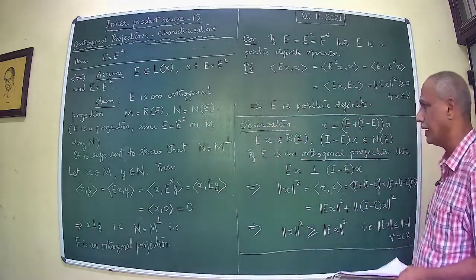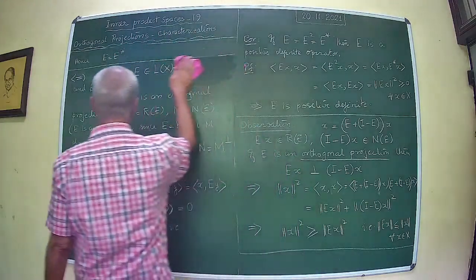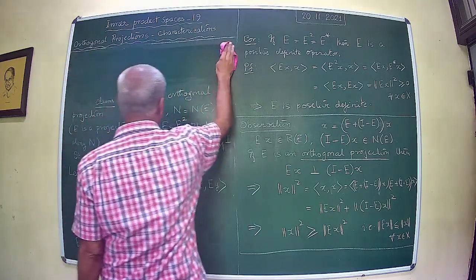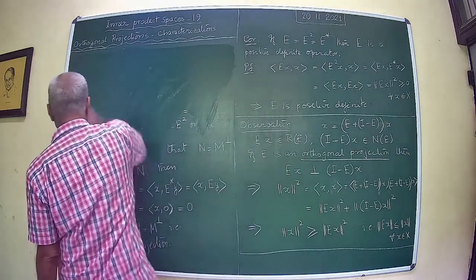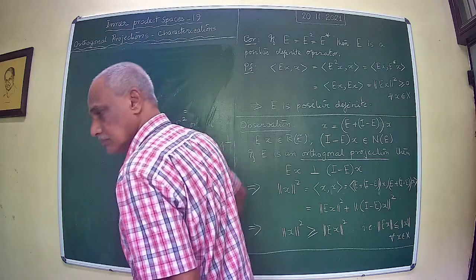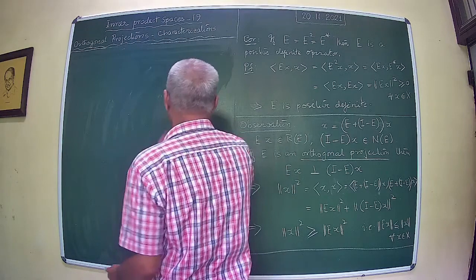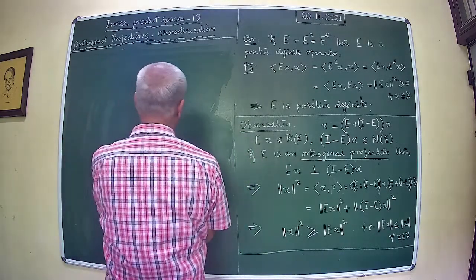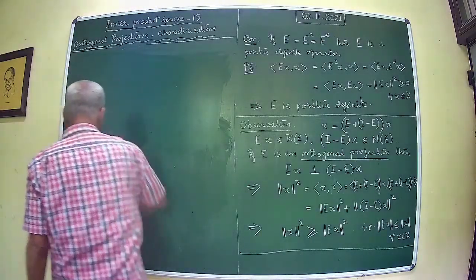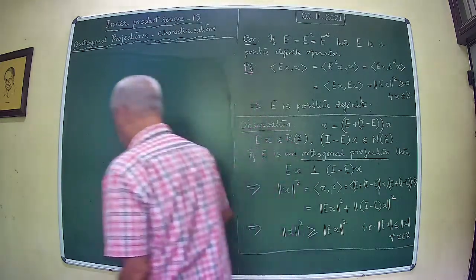But we also make an observation here that if E is not an orthogonal projection, then you may have problems, and this may not be true. So let us take up the case where E is a projection but not an orthogonal projection.